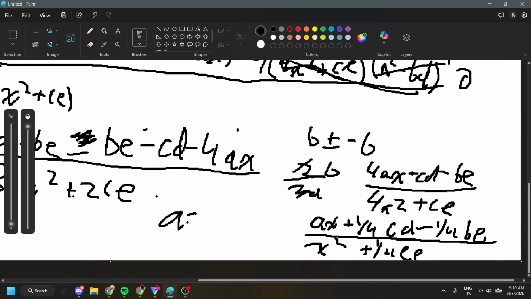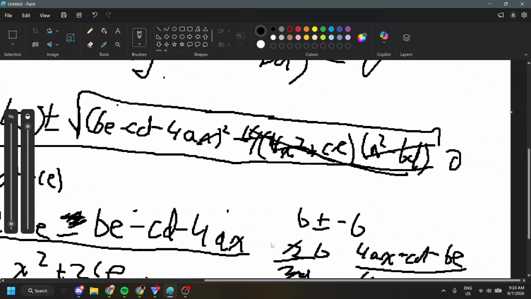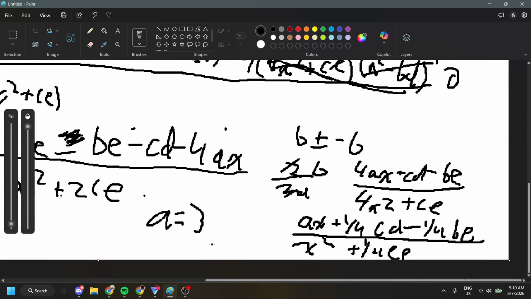Okay, so we know A is equal to 3, which means A squared is equal to 9, which means BD is equal to 9.